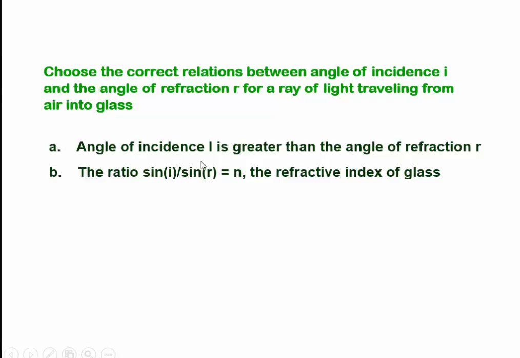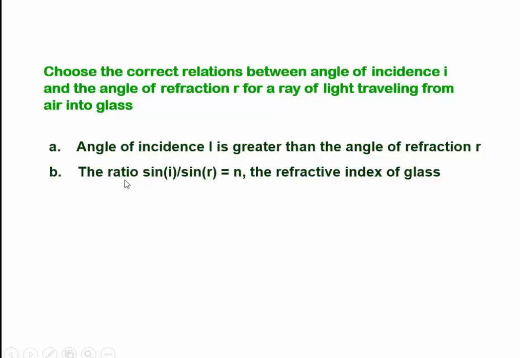So angle of incidence I greater than the angle of refraction R is a true statement. But remember, if light goes from glass into air, then the refracted ray will bend away from the normal. In that case, the angle of incidence in glass will be less than the angle of refraction in air.